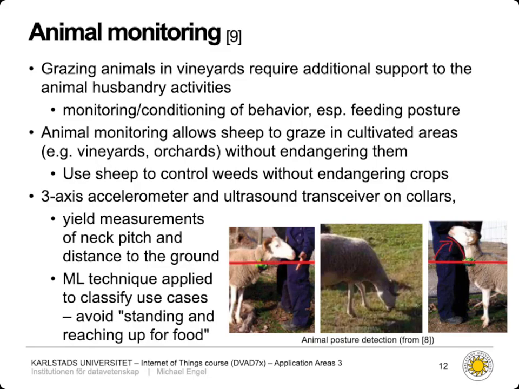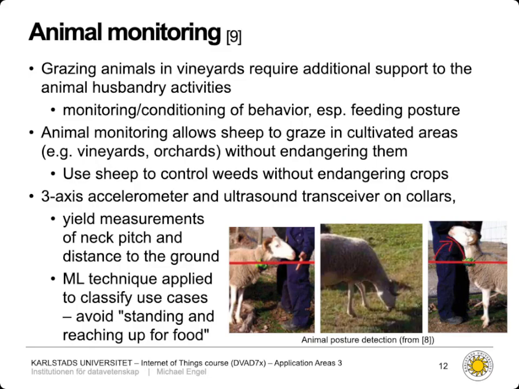So one example here is having animals like sheep or goats grazing in vineyards, and obviously you only want them to eat the weeds and not your grapes. So this obviously requires additional support to what's called the animal husbandry activities. So you want to monitor and condition the behavior of the sheep. And you can do this, for example, by figuring out the posture of that animal.